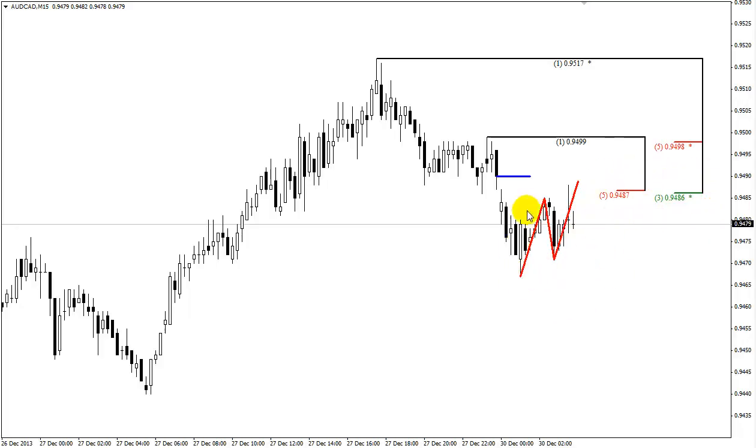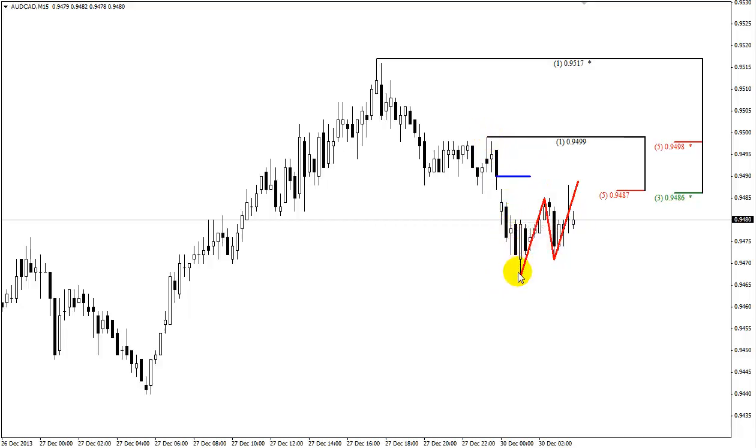So this is an agreement. This is a nice opportunity to go short with the stop above of the main 618 resistance, which is also this stop here. And take a look that this is also the Gartley 222 sell.